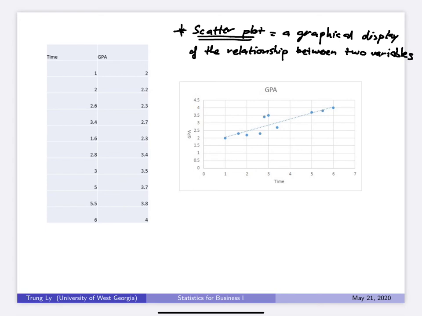So let's look at an example. What I have here is a data set with time spent studying outside of class and grade point average for 10 students.